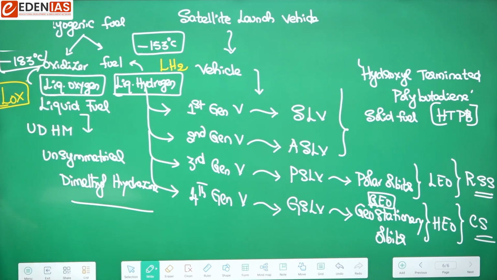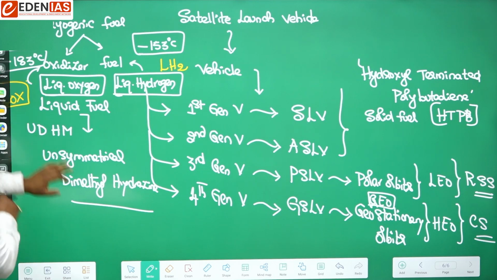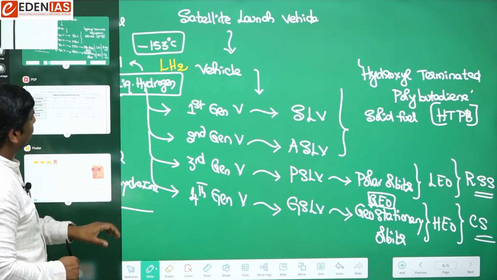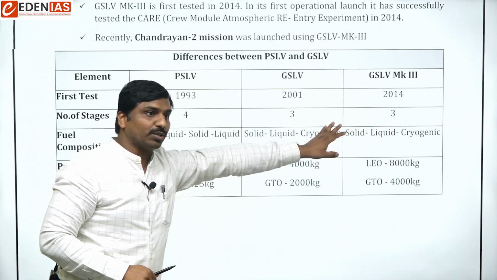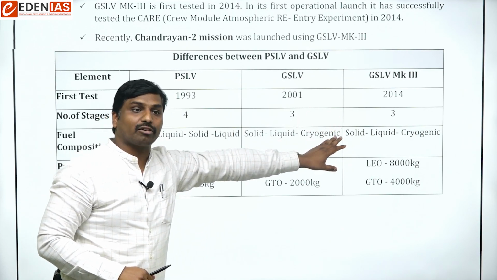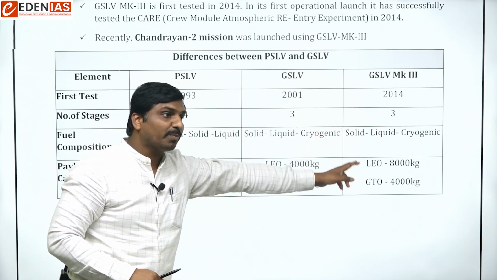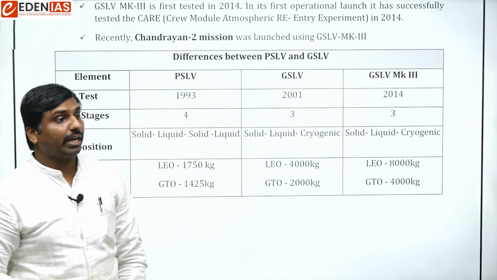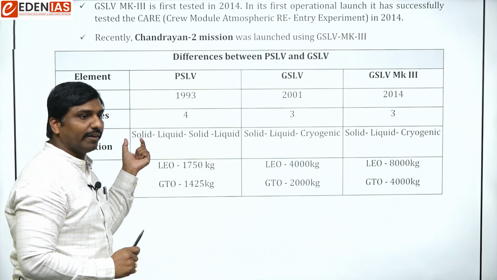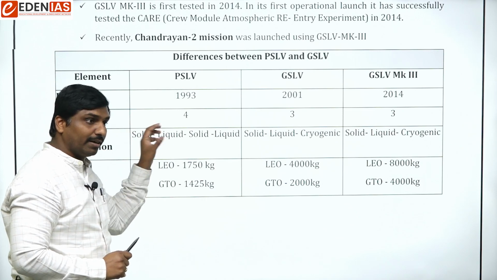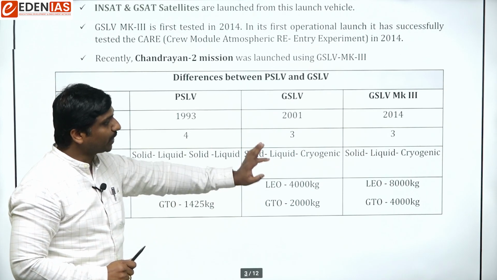So now try to come back to this. Now you see solid, liquid, and cryogenic stage. At the cryogenic stage, oxidizer would be there as well as liquid hydrogen fuel would be there. So that is the fuel. Okay. So now I hope you have understood what the solid fuel is, what the liquid fuel is, what the cryogenic fuel is. Okay.